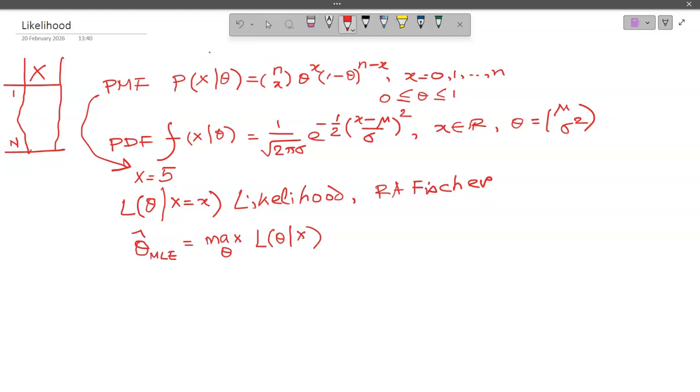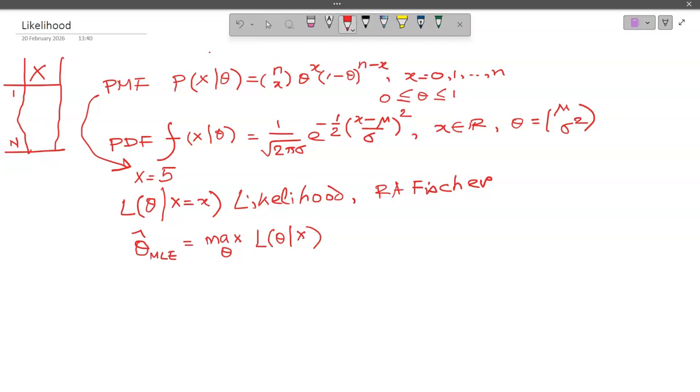Here x is fixed and we are looking at the mass function or the density function as a function of theta, and we are maximizing likelihood of theta given x over theta. So given the data, what is the value of theta that maximizes the likelihood? That is the definition of maximum likelihood estimator.